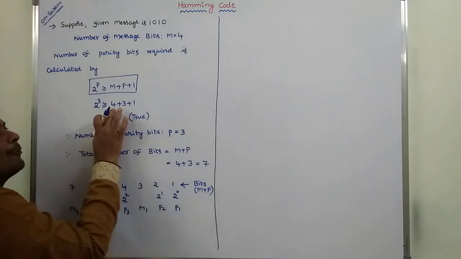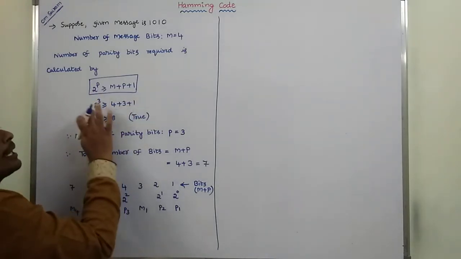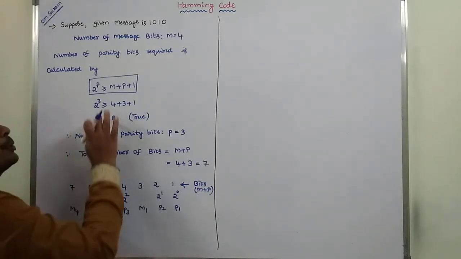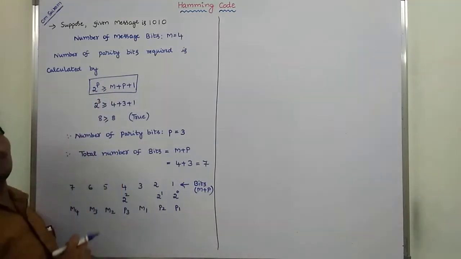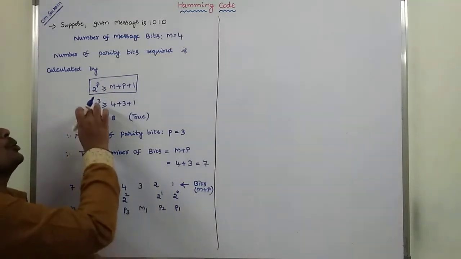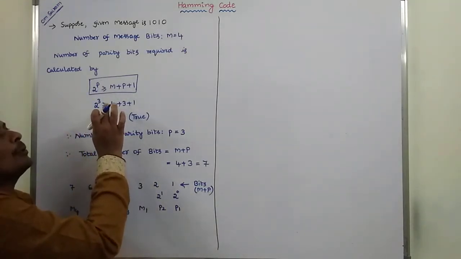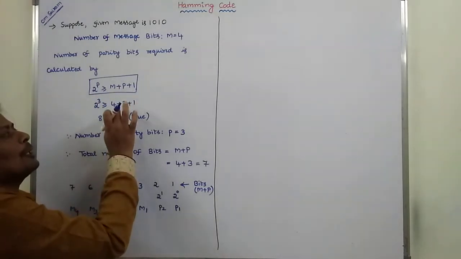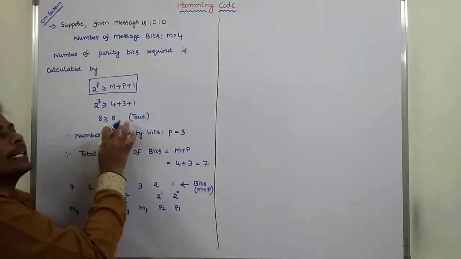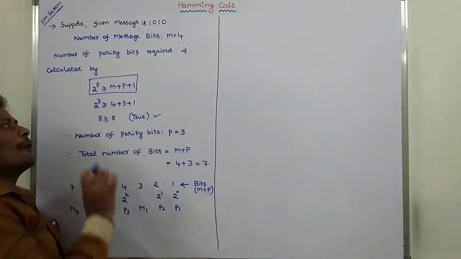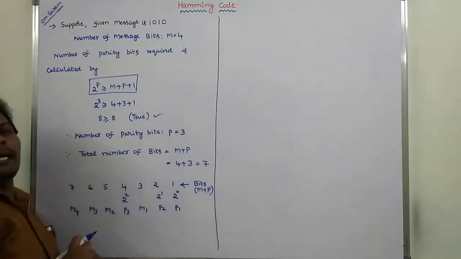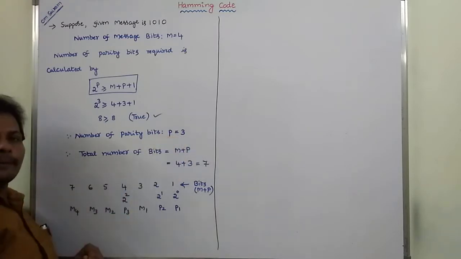Substituting m, we calculate p. Suppose we take p as 3: 2 power 3 is 8, and m plus p plus 1 is 4 plus 3 plus 1, which is 8. 8 is greater than or equal to 8, so that is true. Therefore the number of parity bits P is equal to 3.